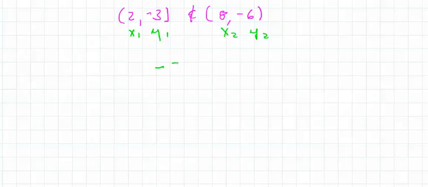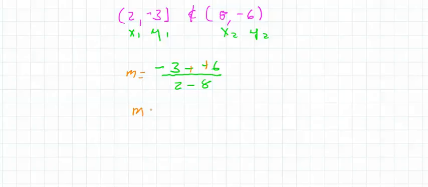Negative 3 minus negative 6, y1 minus y2, over 2 minus 8. Minus a negative plus a positive, and this is slope.